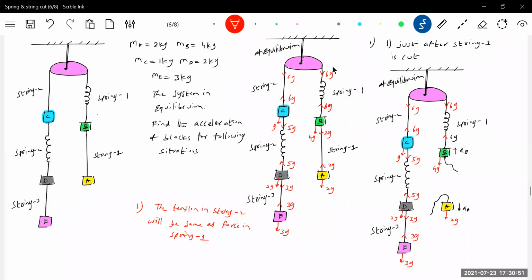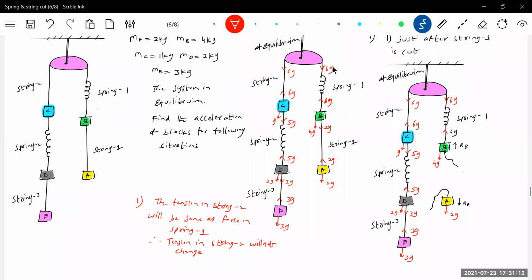So spring force in spring 1 will not change, so the tension in string 2 will not change. Okay, there's one primary idea.